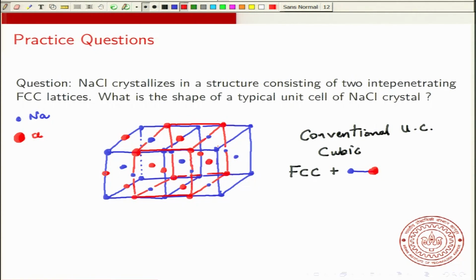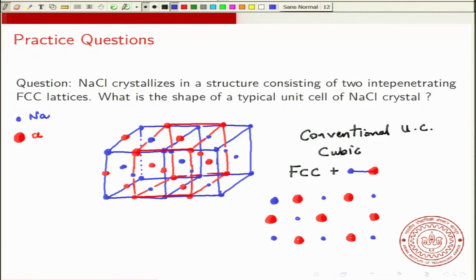Now, if you just look locally at what it looks like, you have a sodium. Let me show the sodiums this way. And you have your chlorides. I had to show a few more sodiums.